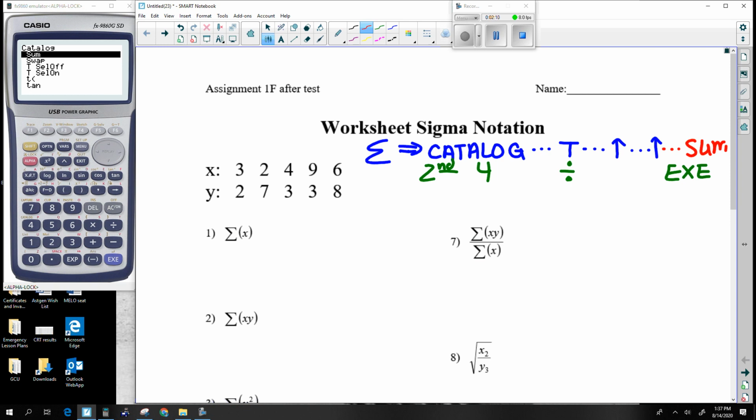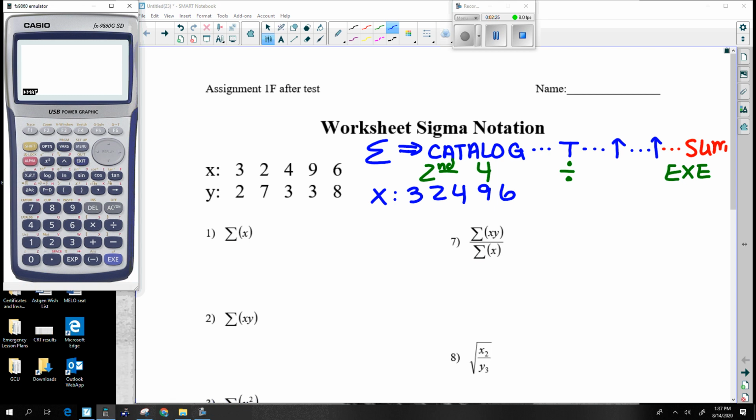Okay, how do I set up my X and Y? So how do I input this and have the calculator recognize that list? All of that information is done in the stats screen.